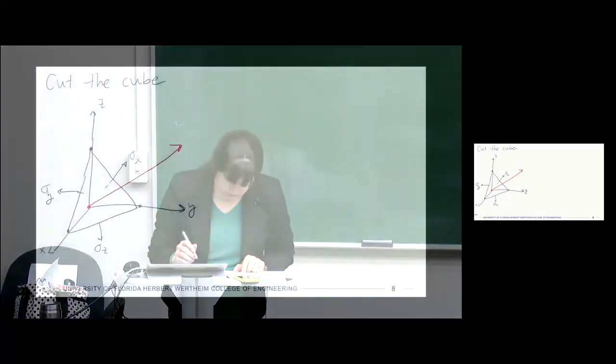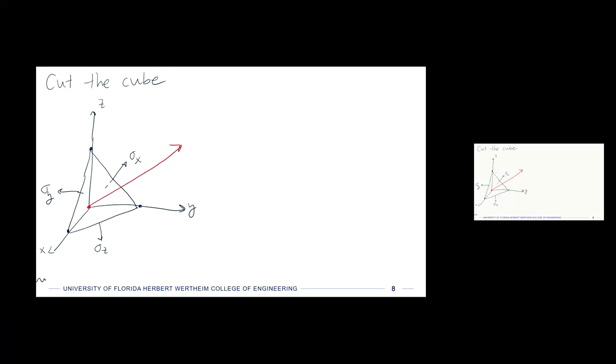Okay, so I'm just going to try to draw those on here as the most clear way I can. So that normal is related to the y-axis through some angle beta. It's going to be related to the x-axis through some angle alpha, and it's going to be related to the z-axis through some angle, whoops, that should go all the way around, through some angle gamma. Okay, so we have alpha, beta, and gamma, and those will help to define that surface normal.